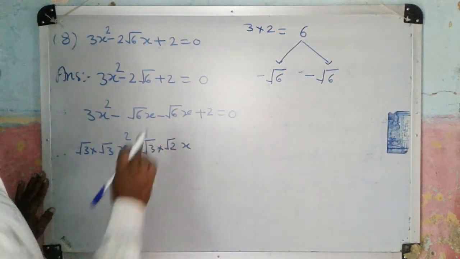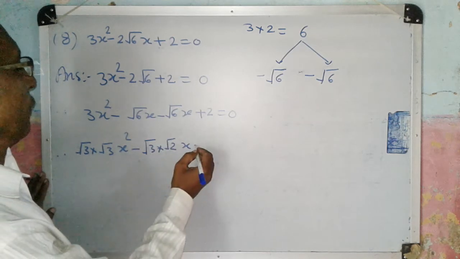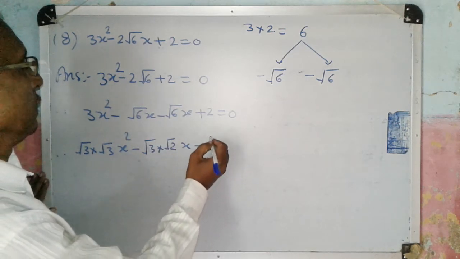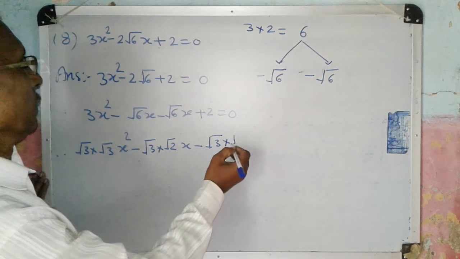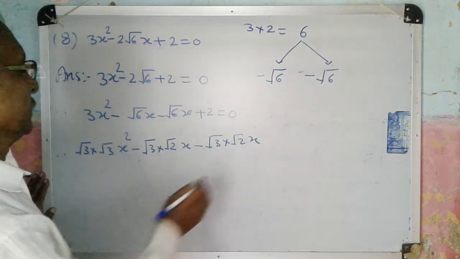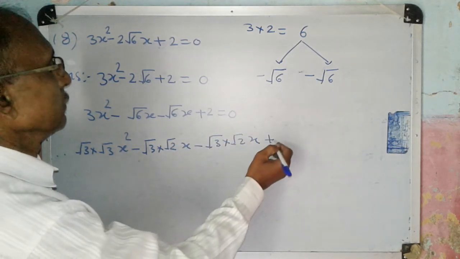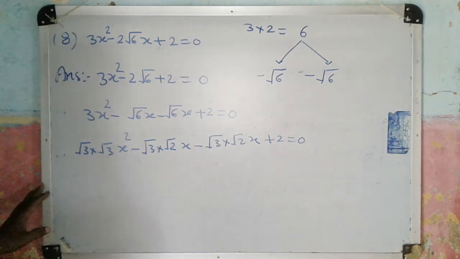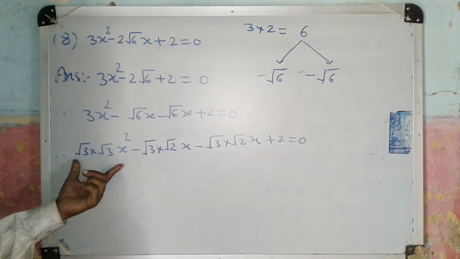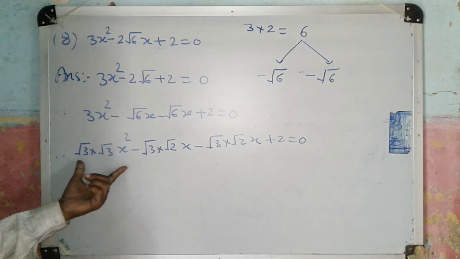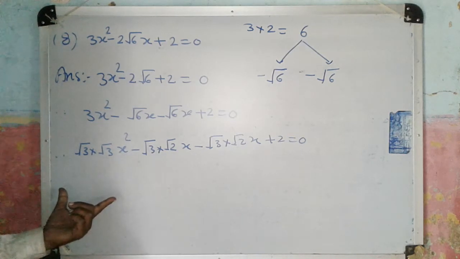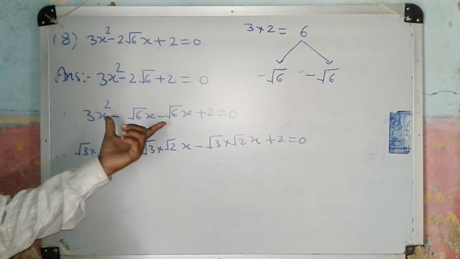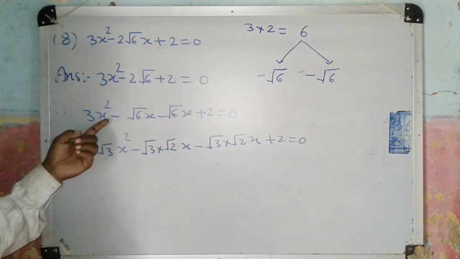Again, this also we can write in this form, minus root 3 into root 2 x plus. So we have written this because it will be easy to take the common factors. Otherwise we can directly take common factors from here also.